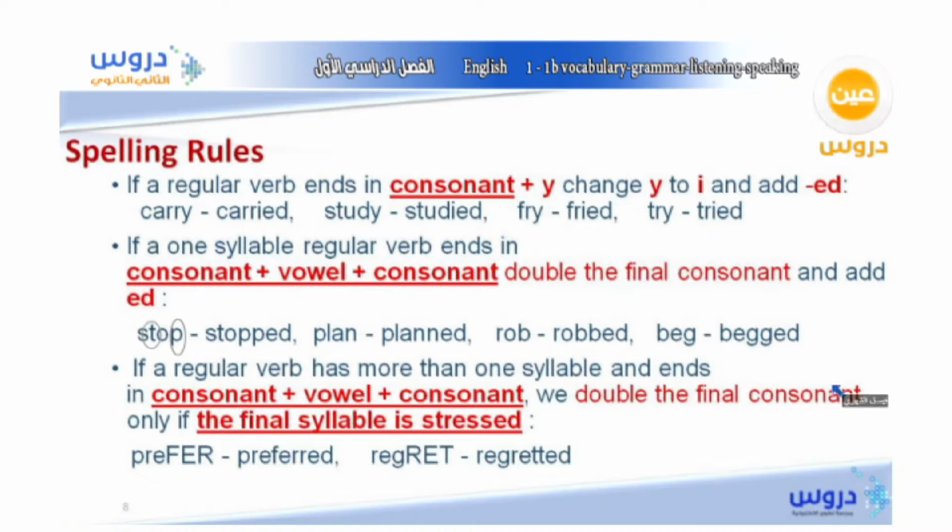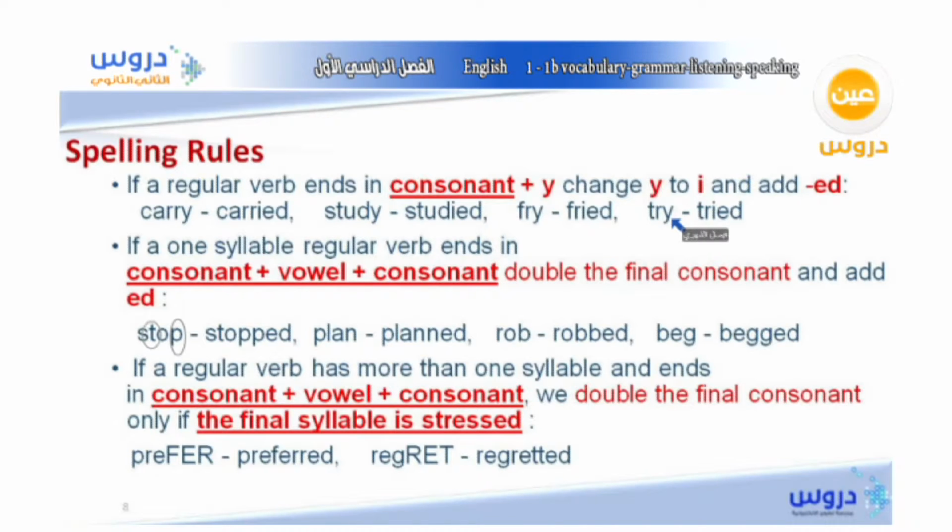Different situation: if the verb ends with consonant, vowel, and consonant, double the final consonant, like stop, as I told you here. Stopped, planned, robbed, and baked. The final thing is consonant plus vowel plus consonant with a stressed final syllable: we double the final consonant. Preferred, regretted.